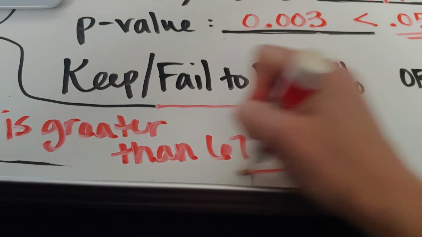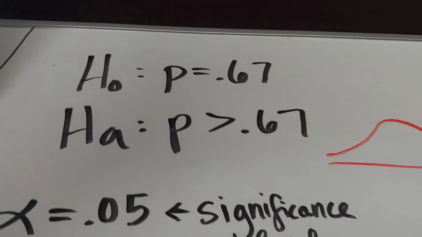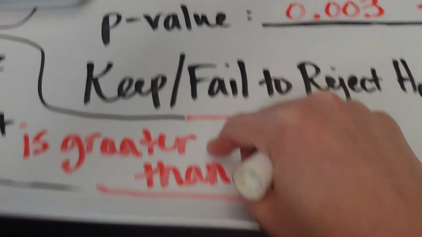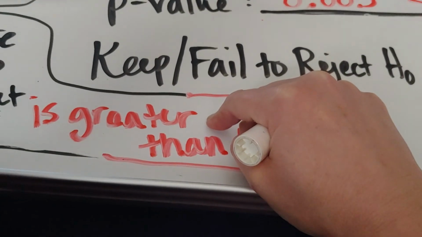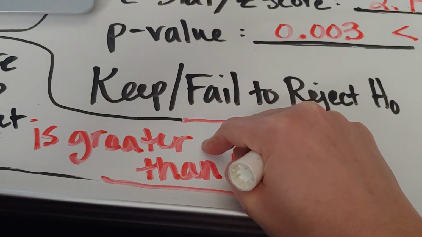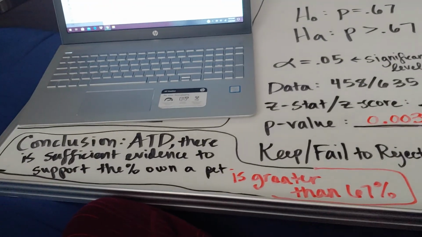I'm only allowed to use the language here that is in my alternate hypothesis. So my alternate hypothesis for this problem is greater. That's why I can say greater. In the previous example, it was does not equal to, so all I could say was changed. Okay. All right, that was part 4.